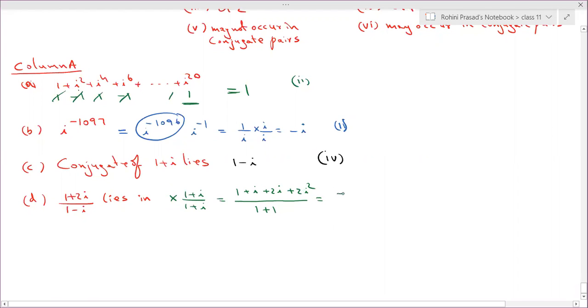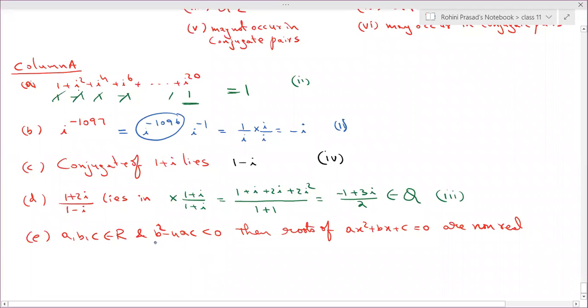So 1 minus 2 is minus 1, plus 3i, by 2. So basically x negative and y positive is in the second quadrant. So it belongs to Q2, and that is in the third bit, column B.